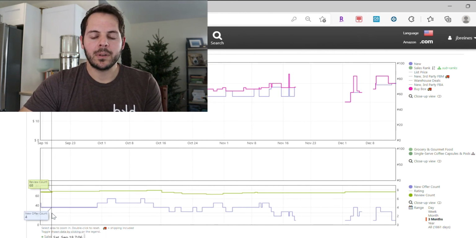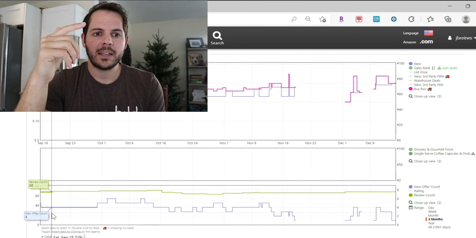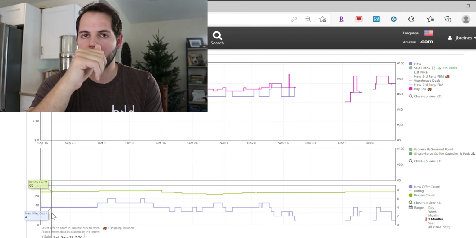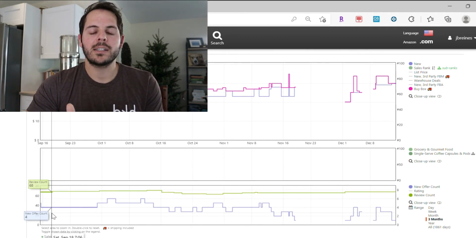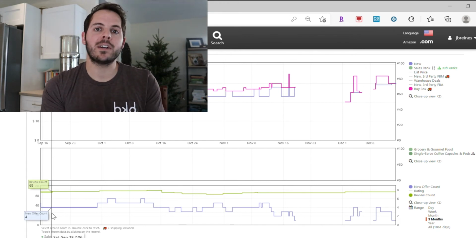What does that mean? The way that my head works, if it goes from 6 to 5 to 4 to 3 to 2, and not necessarily in that order, that's a clear-cut sign that if the amount of sellers is dropping, it's dropping typically because they're selling out of their inventory.